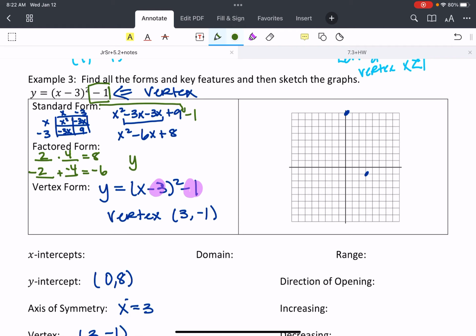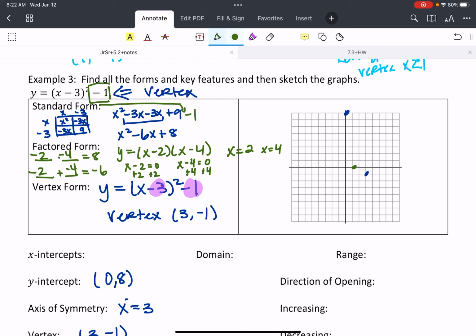So for factored or intercept form, I get y equals x minus 2 and x minus 4. And then I solve my little equations because I put in 0. So I add 2 to both sides. And I add 4 for the second equation, and I end up with x equals 2 and x equals 4.